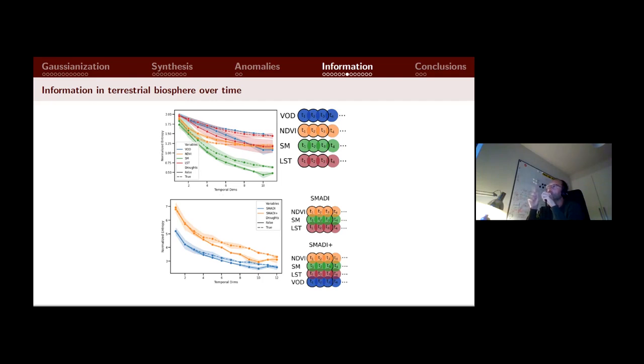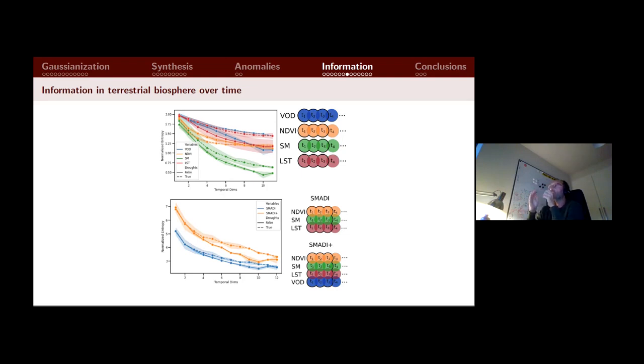On the one hand, the amount of entropy for VOD is the highest in all temporal settings. On the x-axis, you have the entropy for different temporal settings, different lengths, and it is closely followed by LST, by temperature. All variables decrease in entropy as we add more and more temporal features, and NDVI saturates around 1.5 bits, something like that, where the other variables have a steady smooth decline.